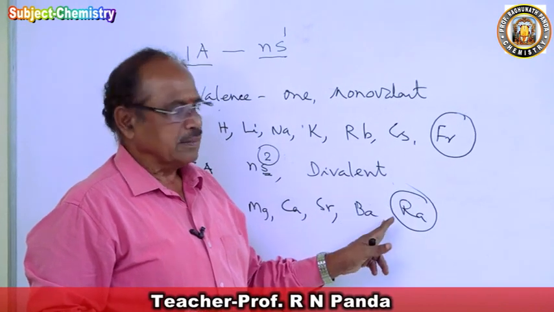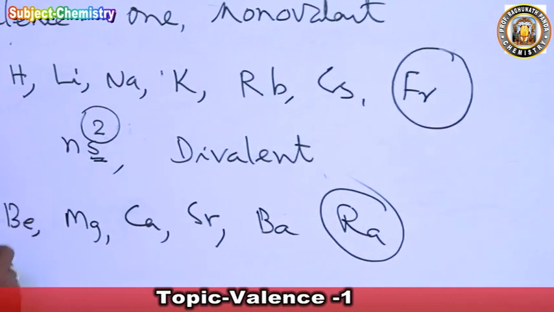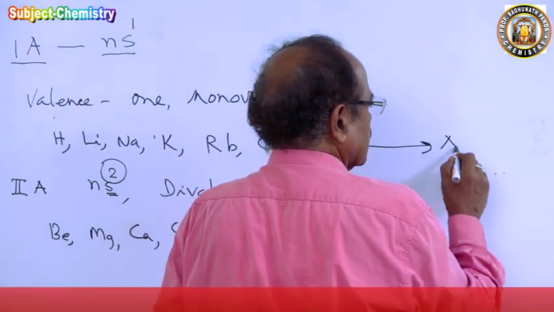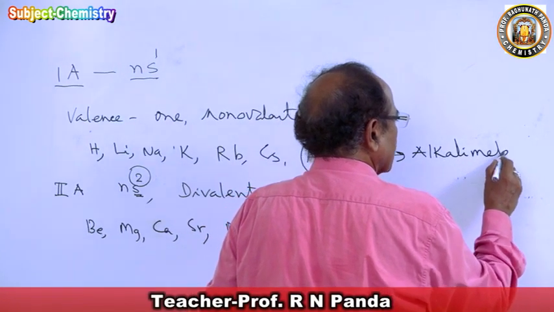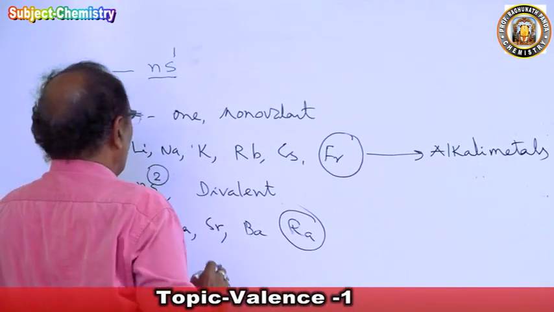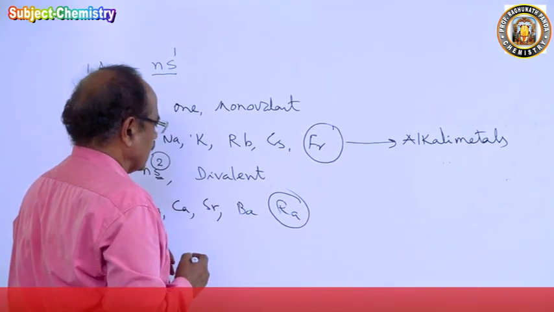I'm making a circle that indicates these are radioactive elements. These group 1 elements are called alkali metals. All these elements are metals except hydrogen, and they are called alkali metals because their hydroxides are alkaline.